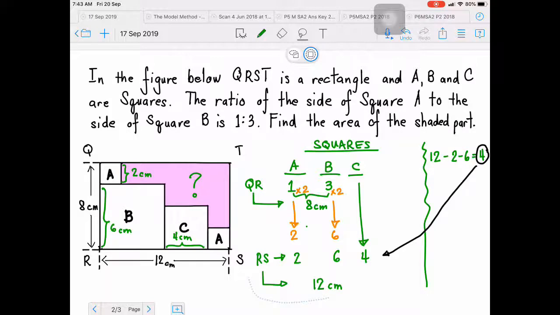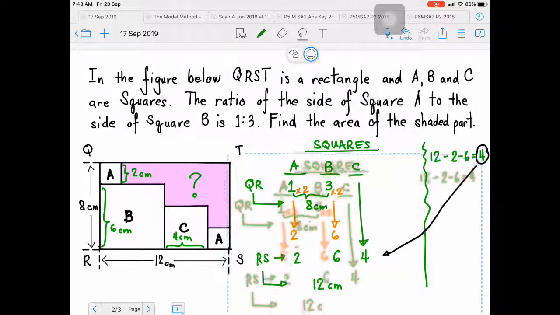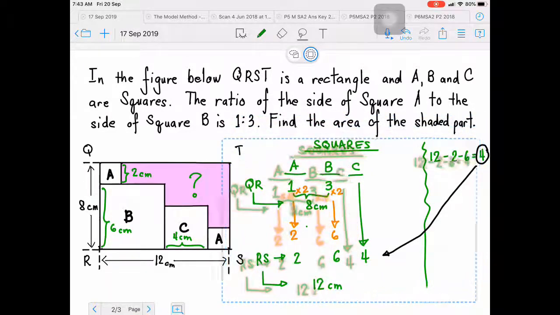To do that, let's first minimize our working. Okay, let's minimize it a bit.